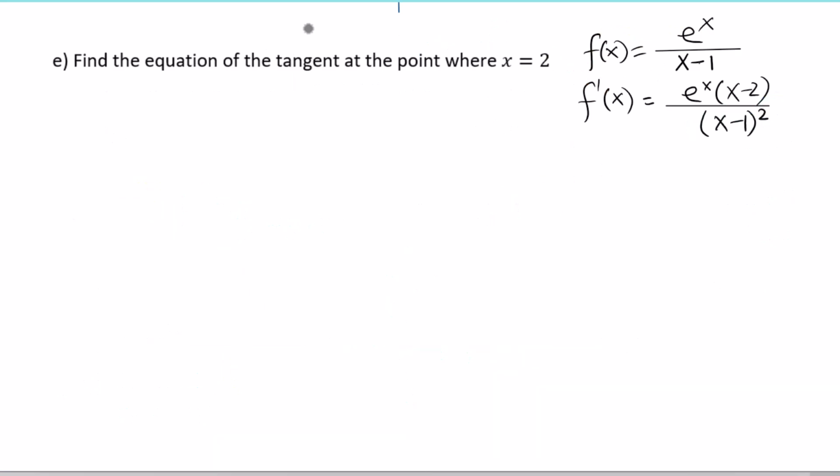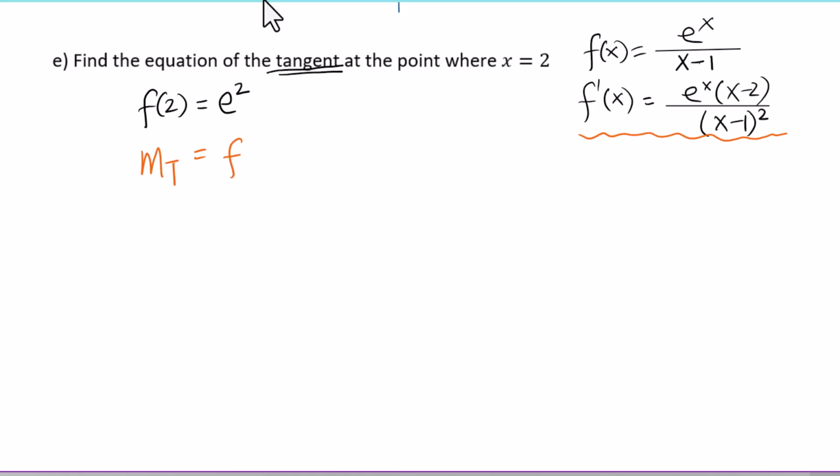E. Find the equation of the tangent at the point where x equals 2. We already figured out f of 2 equals e to the second power. We already figured out this first derivative. So the slope of the tangent line equals f prime of 2, which equals e squared times (2 minus 2) over (2 minus 1) squared, equals 0.